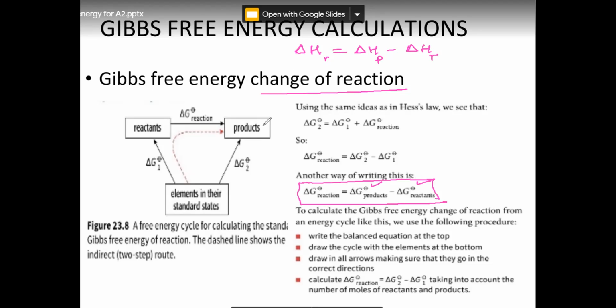ठीक है. Now remember for this particular thing, so you have two different types of calculations they ask you. एक कैलकुलेशन के लिए अगर आपको एंथैल्पी चेंज और एंट्रोपी दी हुई है तो आप पहले वाले फॉर्मूले से वहां कैलकुलेट करेंगे, और अगर आपसे गिव्स फ्री एनर्जी चेंज ऑफ अ रिएक्शन पूछ रहे हैं और आपको मुख्तलिफ गिव्स एनर्जीज दी हुई हैं रिएक्टेंट एंड प्रोडक्ट की, so you will be subtracting प्रोडक्ट में से रिएक्टेंट in order to find out the Gibbs free energy of the reaction.